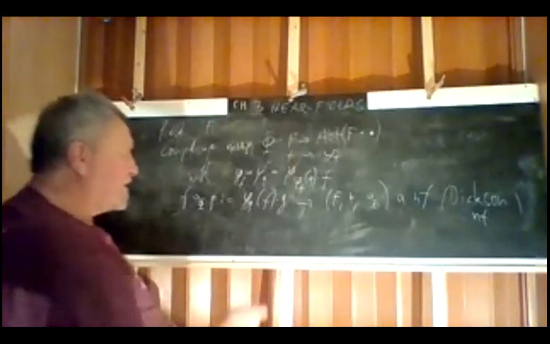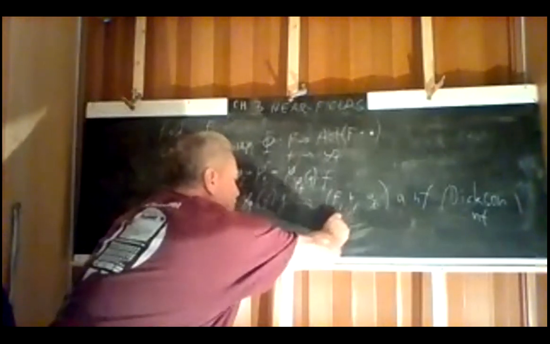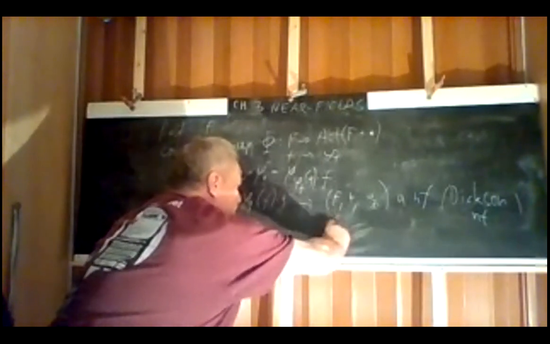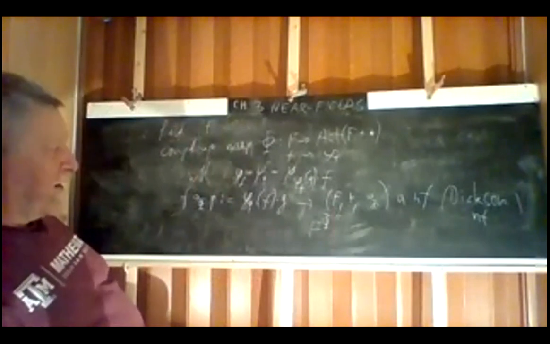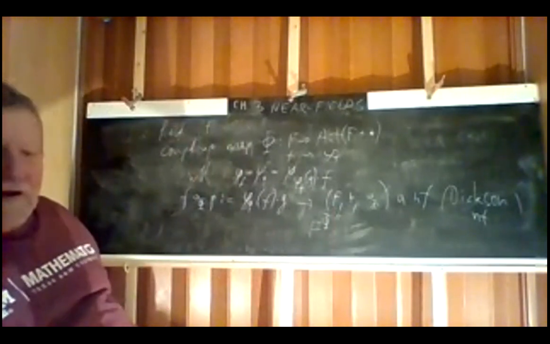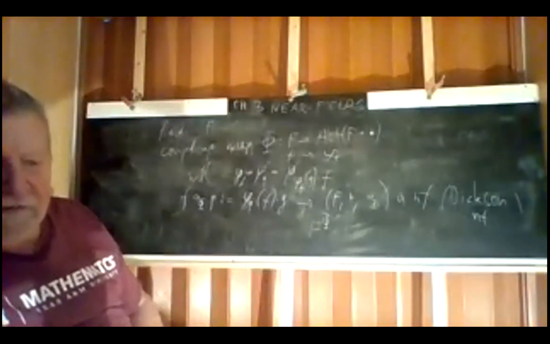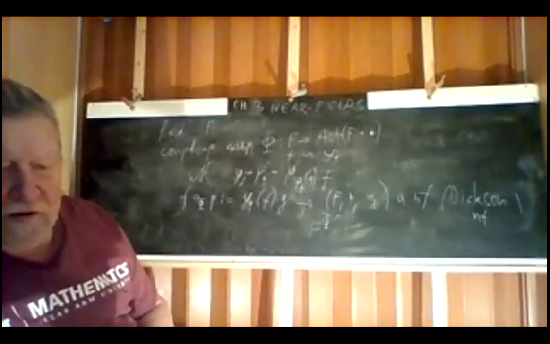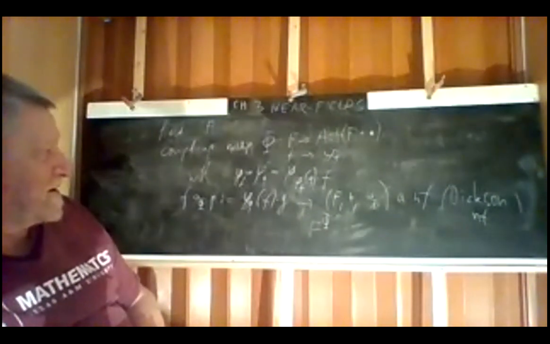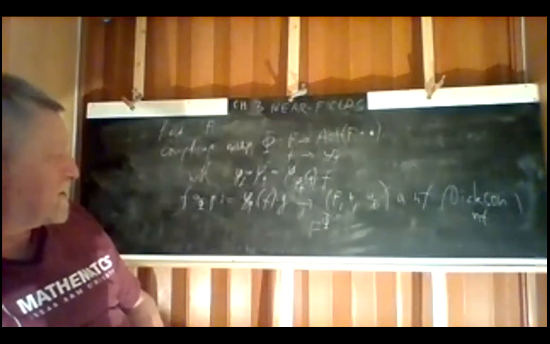Sometimes we denote this as F phi up there, to say this is the derived near field from F, and we will see that this is a very useful construction.